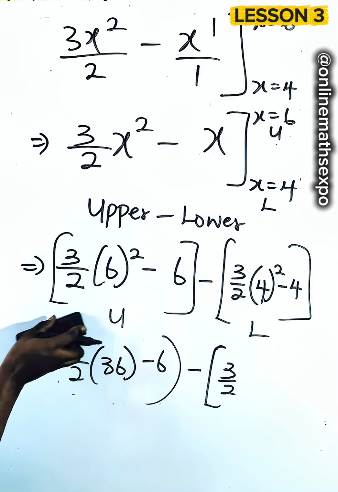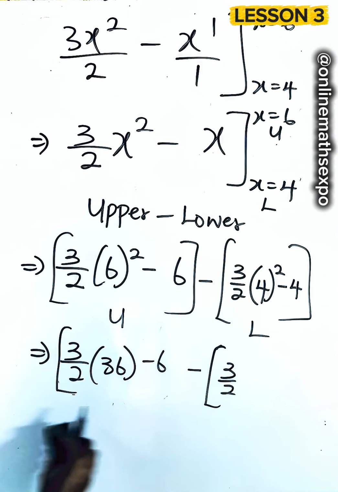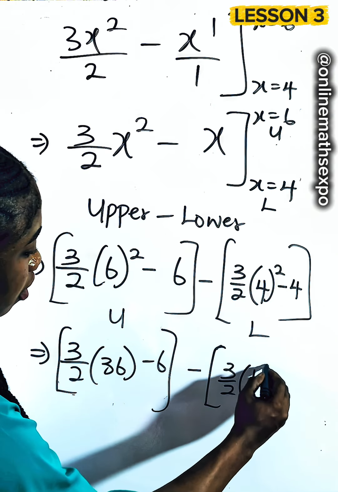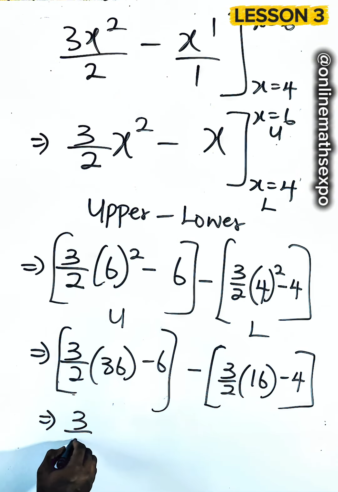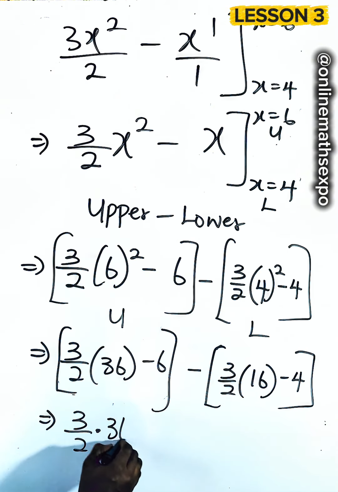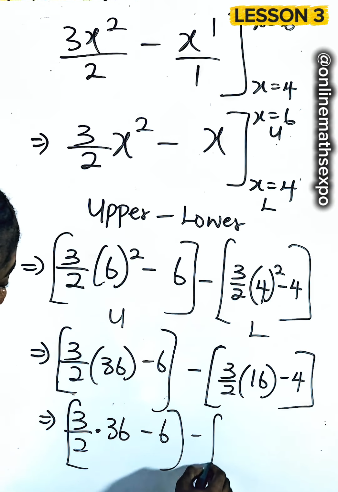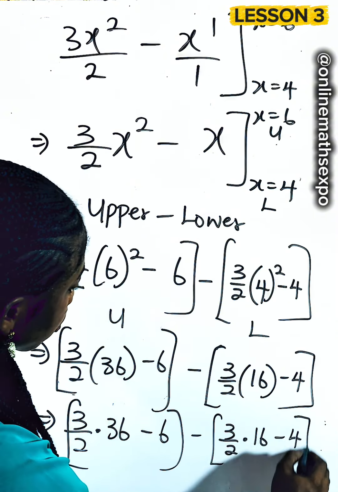So let's check this bracket. So this is what we have. Then 4 squared is 16 minus 4. So if you simplify, you have 3 on 2 times 36 minus 6, then minus 3 on 2 times 16 minus 4.